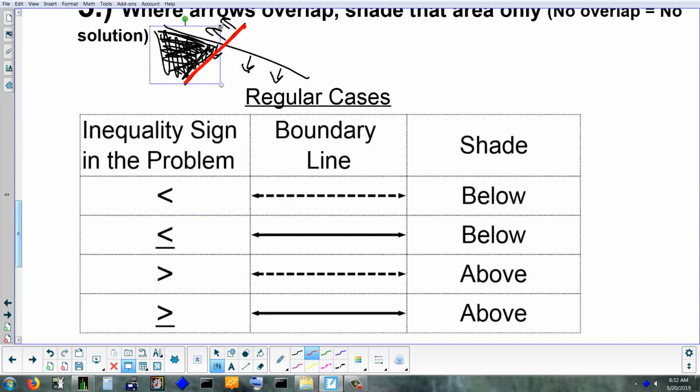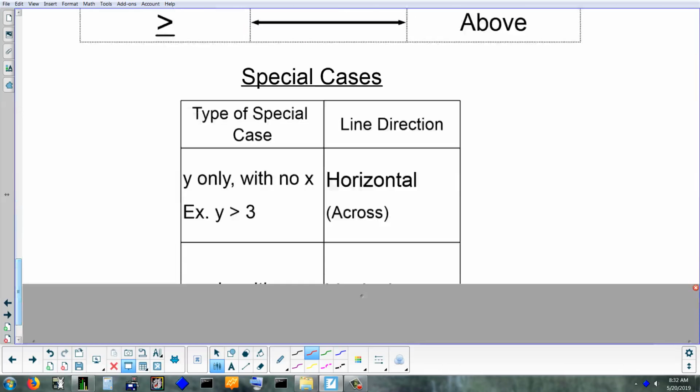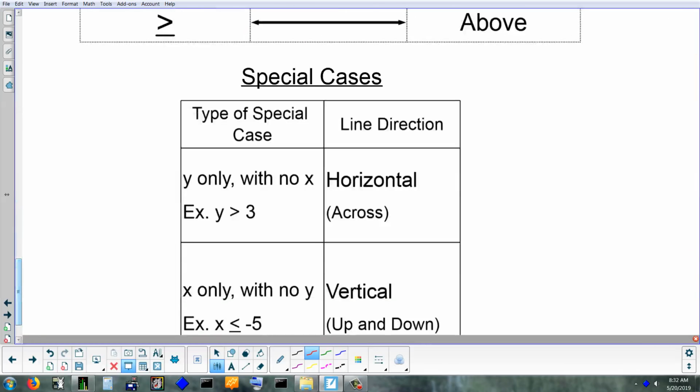All right, so, well, I guess we have this chart anyway. So everybody has the regular cases already filled in? All right, special cases. Remember, special cases, the way you know it's a special case, you don't have both letters at the same time.